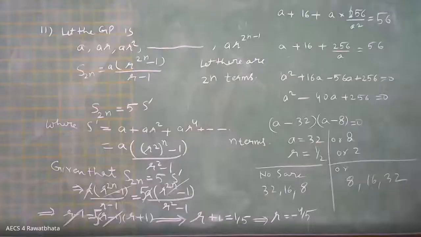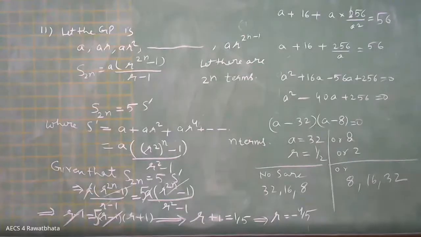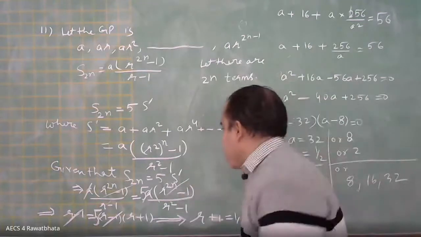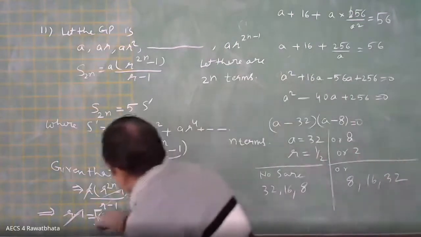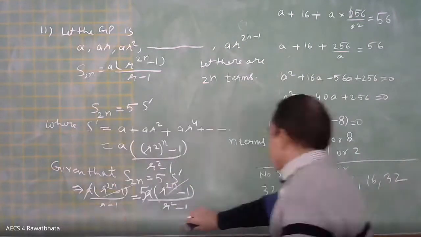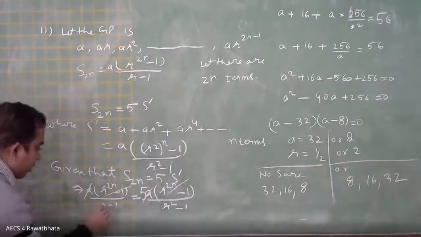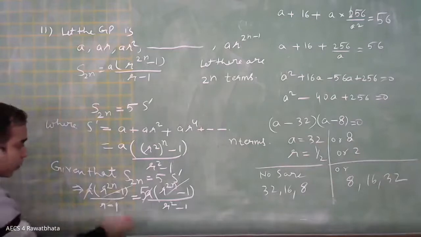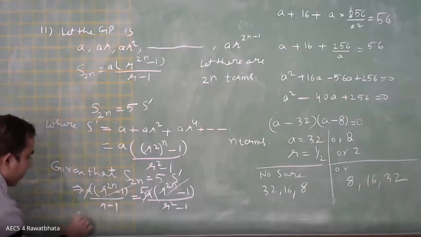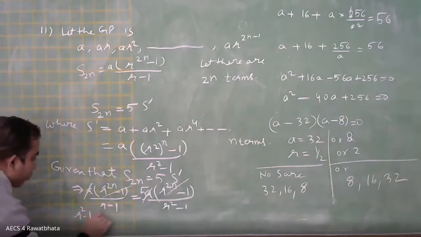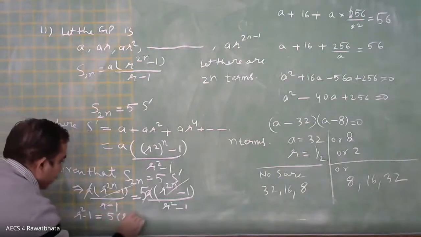No sir, R plus 1 is equal to 5. I made a mistake. Yes, sir, I made a mistake. This is an upon. Correct. And this will be R square minus 1 equal to 5 times R minus 1.